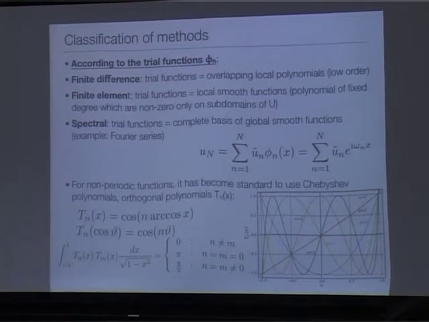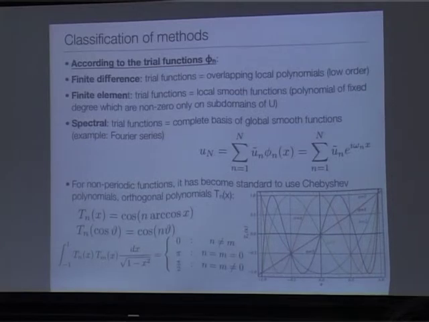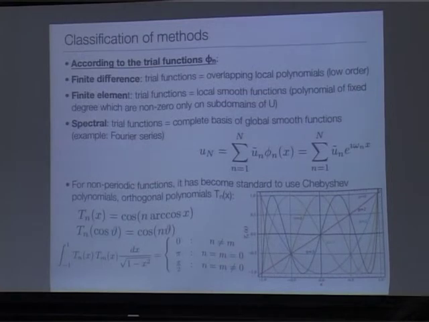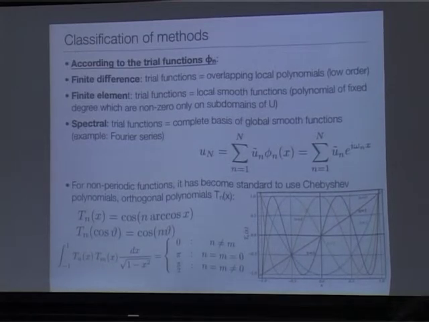Then there's a method called finite element methods, and here the trial functions are still local smooth functions. They could again be polynomials of a fixed degree. And then the method which I started to explain, the spectral method. Here the trial function is just some complete global basis.